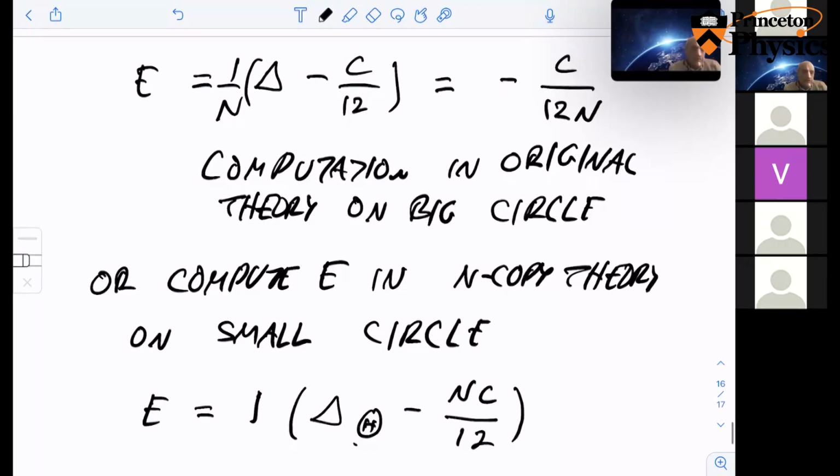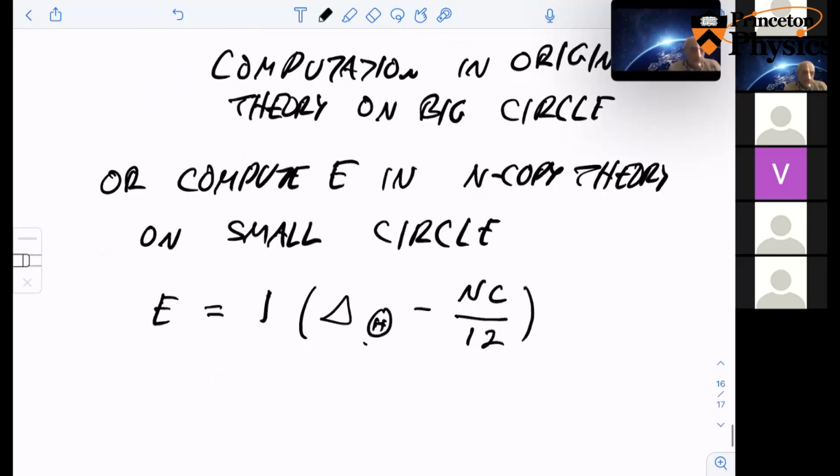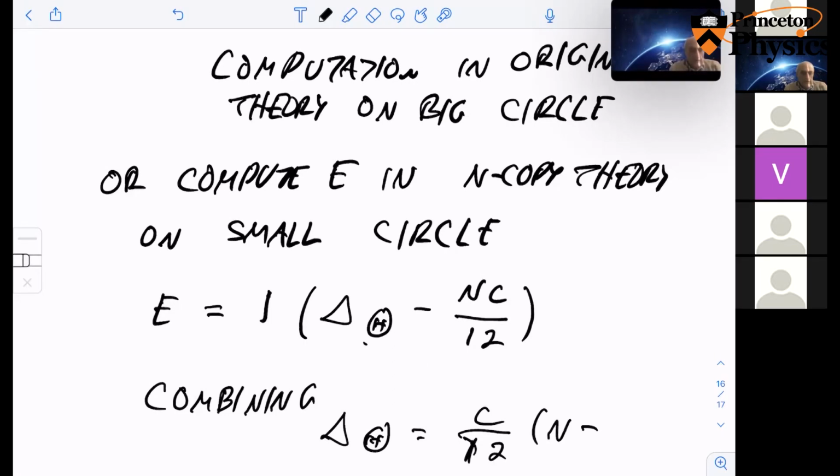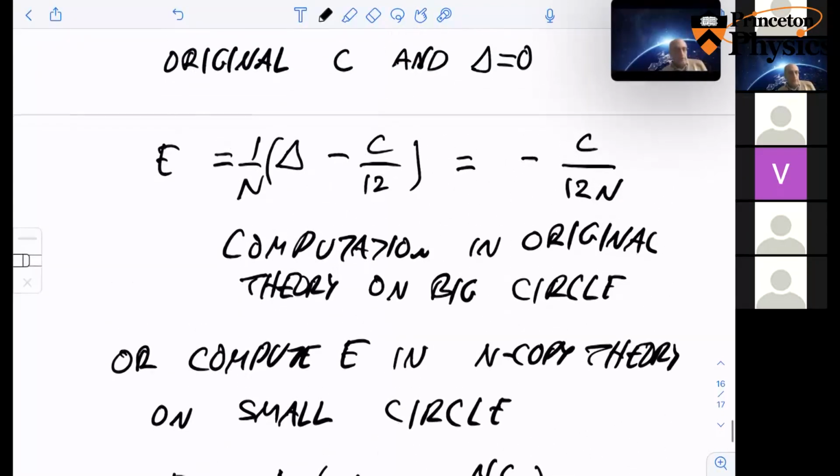The first computation gave minus c over 12n. So combining these formulas, you learn that delta theta is c over 12 times n minus 1 over n, which was the formula that I claimed.